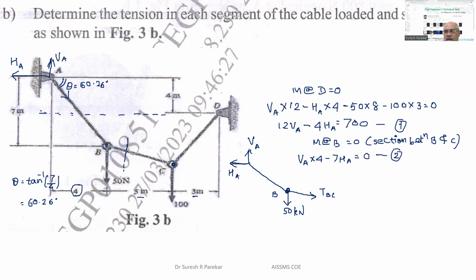As we solve these two equations, we have two unknowns: 12VA minus 4HA equals 700, and 4VA minus 7HA equals 0. By solving these, we get the value of VA as 72.06 kilonewton, and the value of HA equal to 41.18 kilonewton.